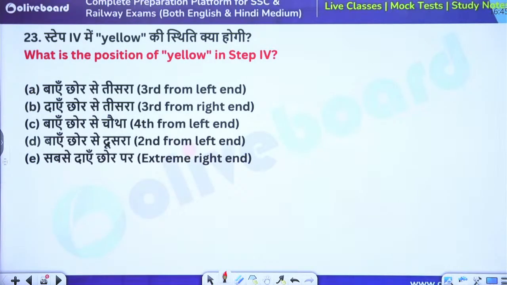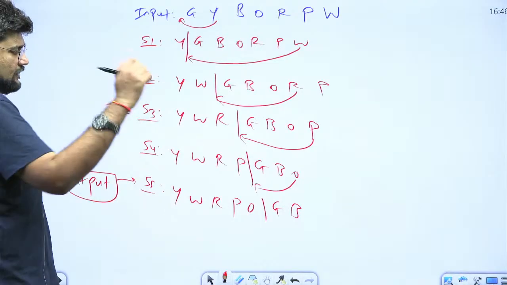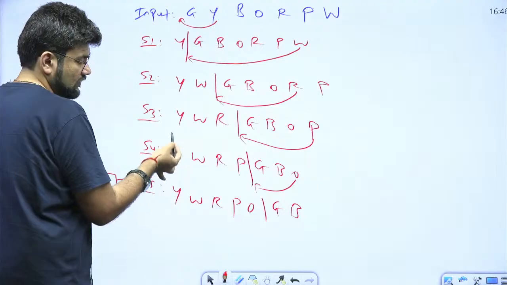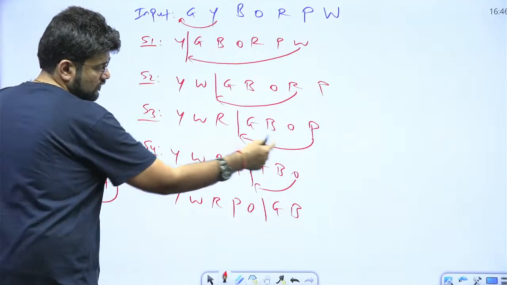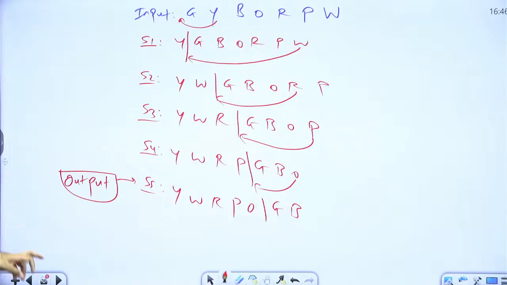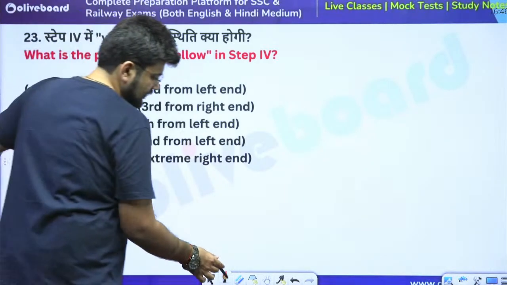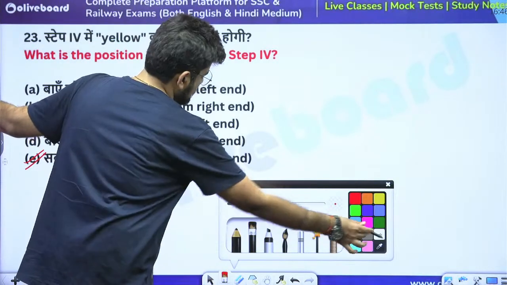Next. What is the position of yellow in step 4? Step 4, yellow is the left end. Okay, I think there's an error in this question. In the question, I'll tell you. Left end or last from the right also. Okay, should be the left end. Left end is the correct answer. Extreme right end, no, it should be extreme left end. I told you, there's an error here.